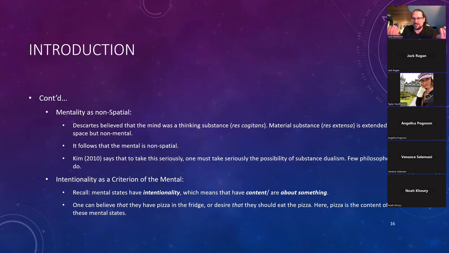It's like the immaterial soul. So if you're a Cartesian, it would follow that the mental is non-spatial. To take this seriously, as Kim says, you have to take seriously substance dualism, and almost nobody does anymore, at least in philosophy, because there are some problems it raises that it does not answer.